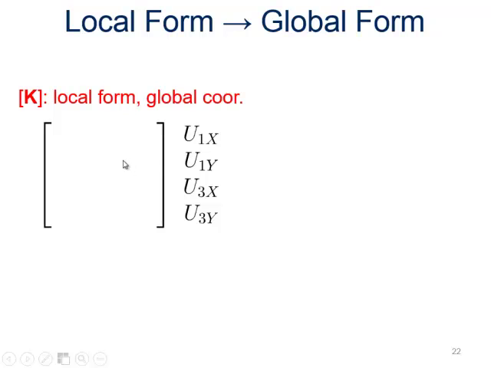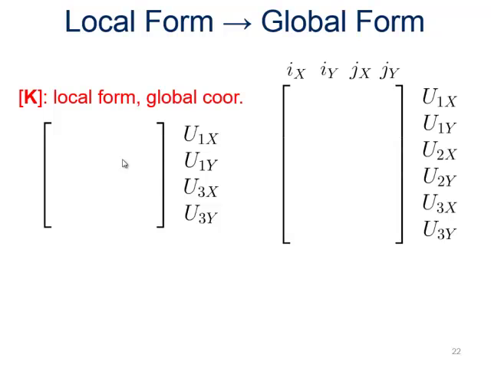All right, so to get from our local form to our global form, we need to multiply by a transpose matrix. All right, we need to transpose it. So here would be 1, 2, 3, 4, 5, 6. We're going to have 6 different rows and only 4 columns. Those columns represent I and J for a particular case.